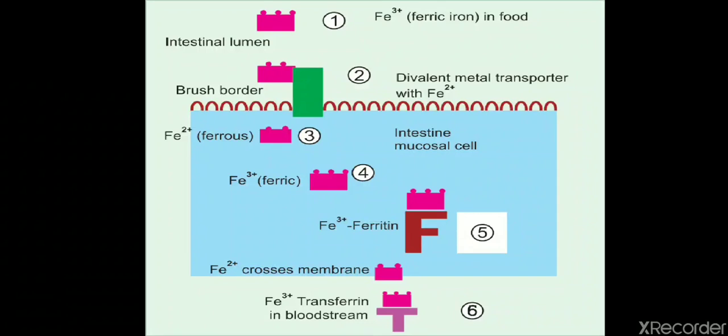So ferric iron is present in the food items, and this is the intestinal epithelial cell, and the intestinal epithelial cell surface contains a reductase enzyme.